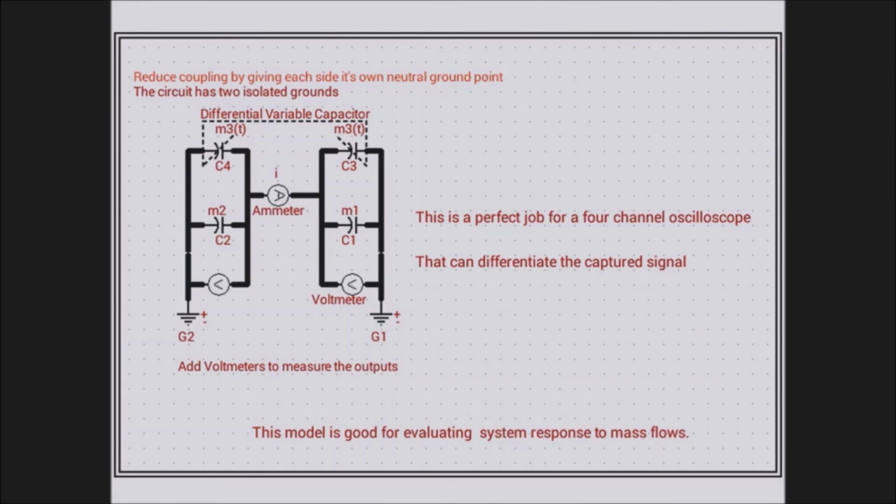The ammeter will show if any voltages or currents show up without there being an input current. If currents show up from the rotation of the variable capacitor knob, that means that the mass flow will be generating forces in the system.